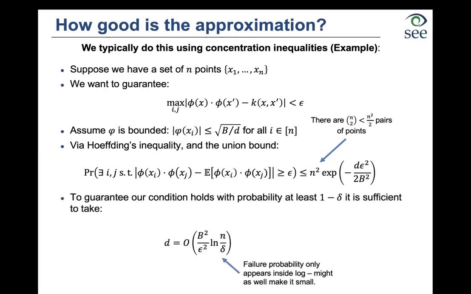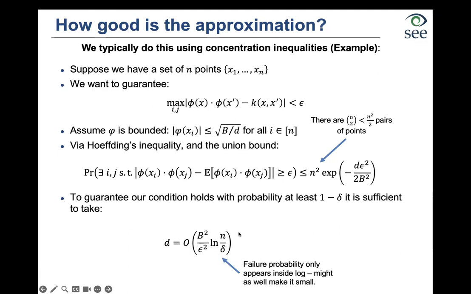What that tells us is that to guarantee that we achieve an epsilon additive error approximation, it's sufficient to take the number of random features, or the embedding dimension, to be on the order of b squared, where b is the component-wise bound on our embedding, over epsilon squared, times log of the number of data points.